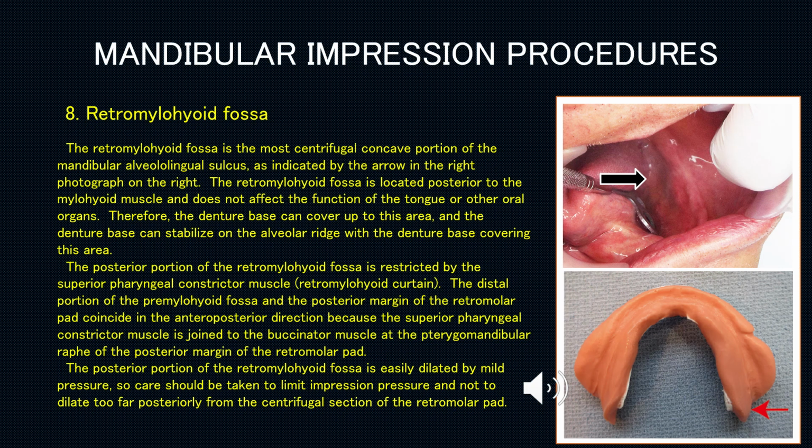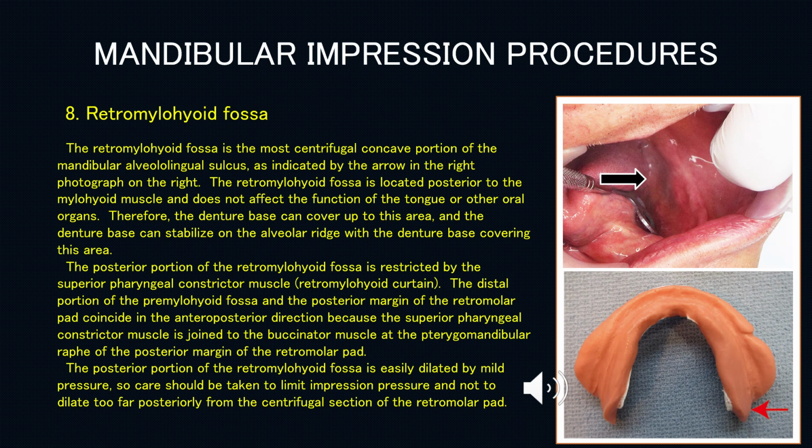8. Retromylohyoid fossa. The retromylohyoid fossa is the most centrifugal concave portion of the mandibular alveolo-lingual sulcus, as indicated by the arrow in the photograph on the right.